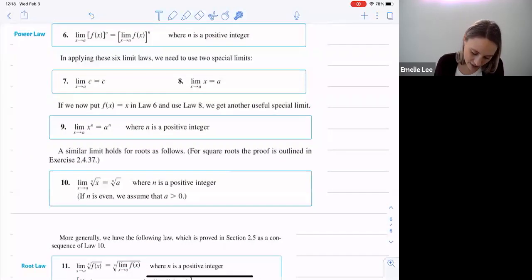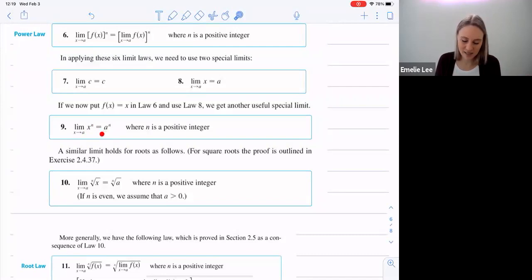We said that the limit of x to the power of n, where n is a positive integer, in this case it's 2, as x approaches a, we can rewrite as a to the power of n, right? So this is law number 9 that we're going to use.